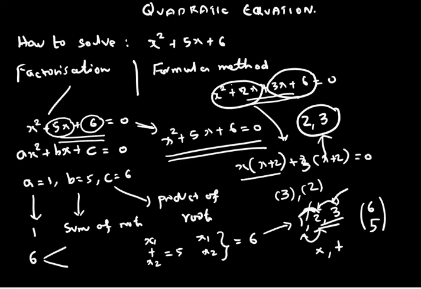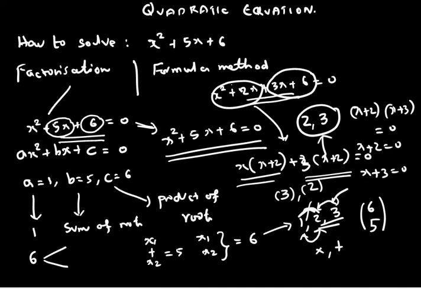Then factoring out x plus 2, the remaining is x plus 3, so x plus 2 into x plus 3 equals 0. This implies x plus 2 equals 0 or x plus 3 equals 0. From this we can easily say that the zeros are x equals minus 2 and x equals minus 3.